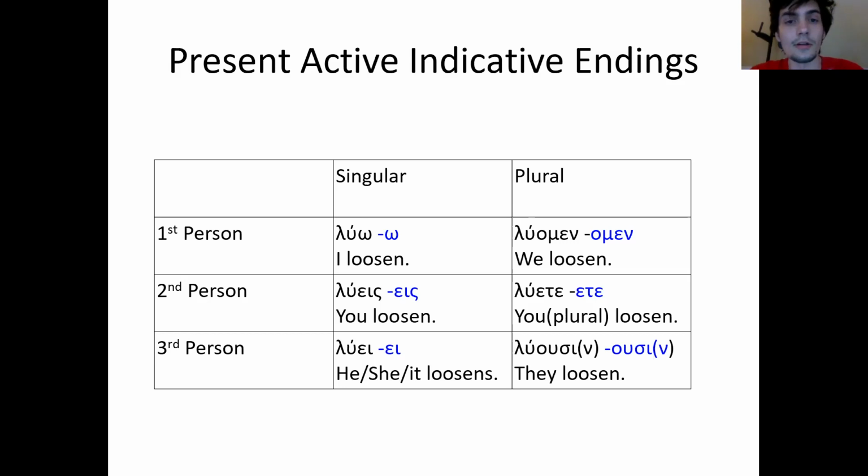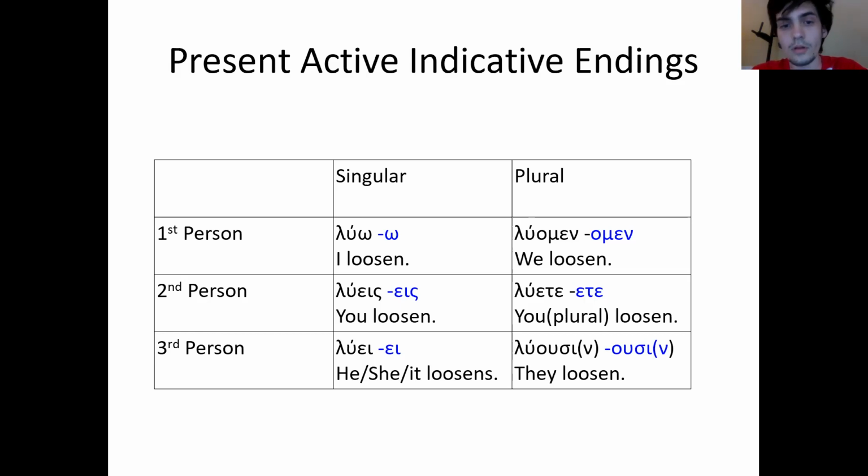First person singular, I, has an omega ending, luo. First person plural, we, has an omicron, mu, epsilon, nu ending, luomen. Second person singular is eis, you loosen.